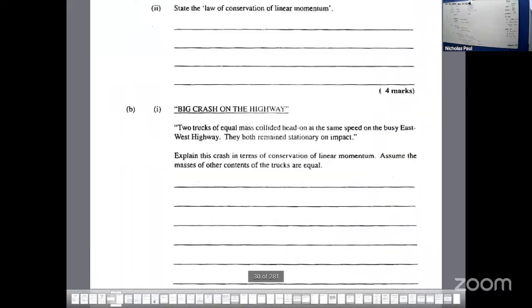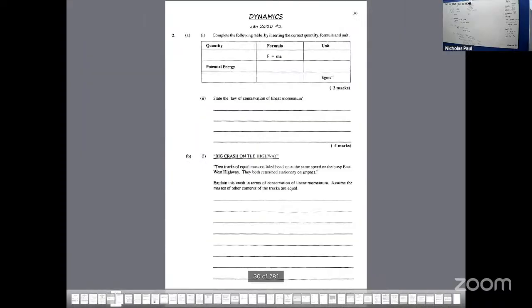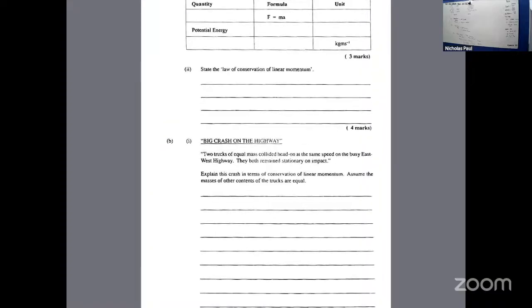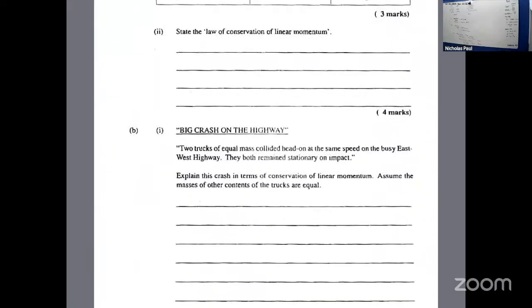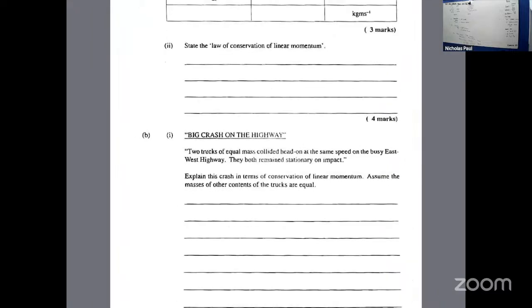All right, so this one is a little bit different, it's more theory, right? But it's the same question. Take a little read, tell me what you think.